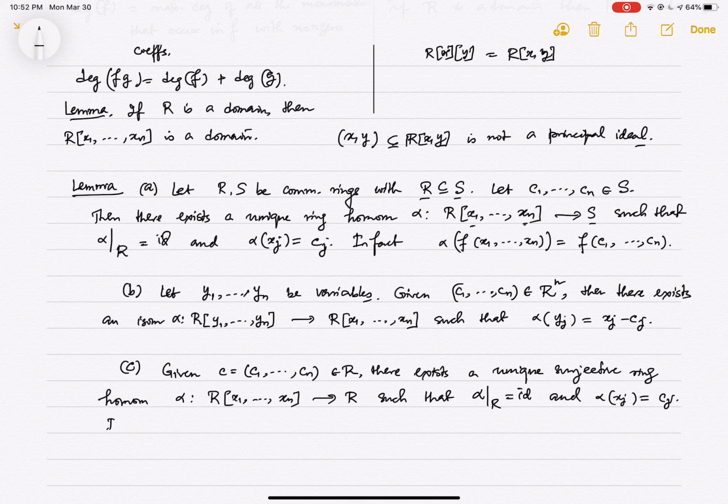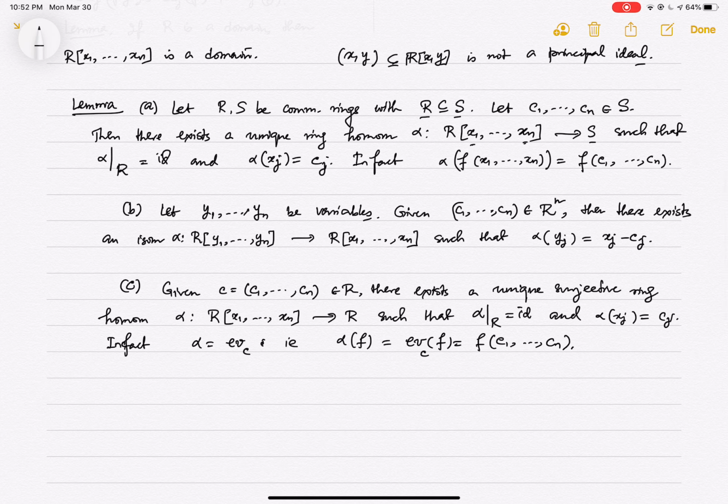In fact, we know this alpha, it's just the evaluation at c, i.e. alpha of f is just f evaluated at c, meaning f(c1, c2, ..., cn). That follows directly from part A.